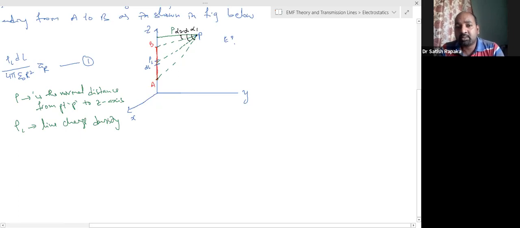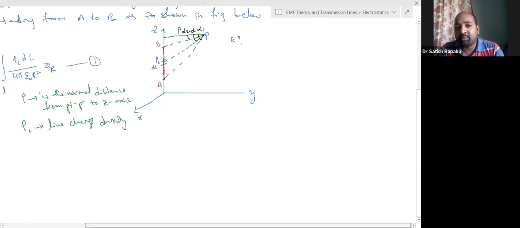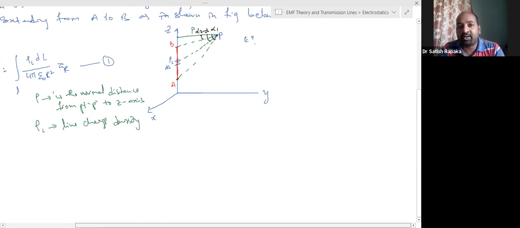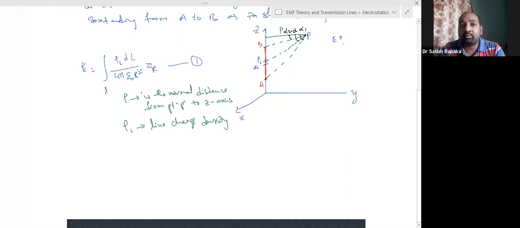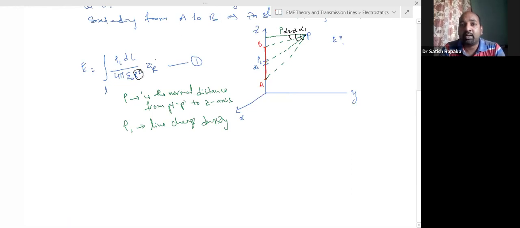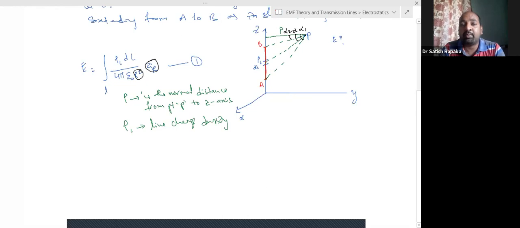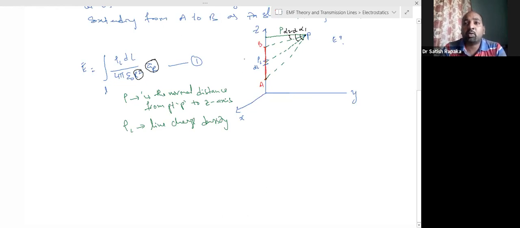Now let us try to determine the electric field. If you want to determine the electric field here, you require R and you require a R bar. What is R?